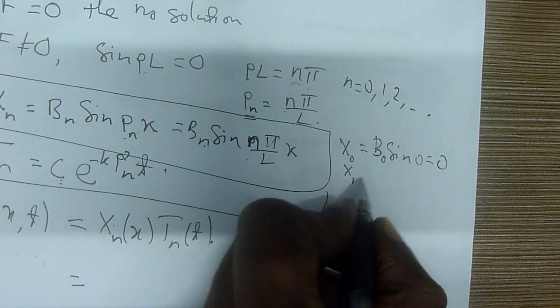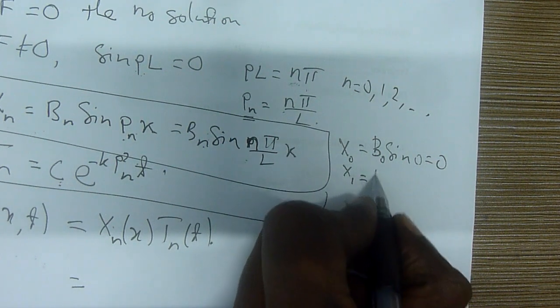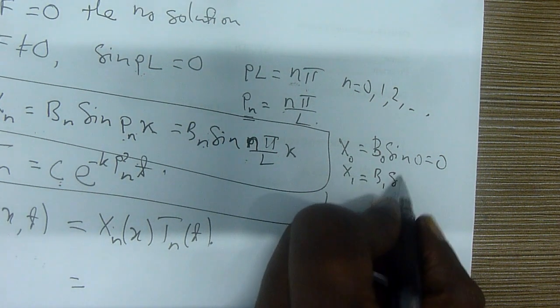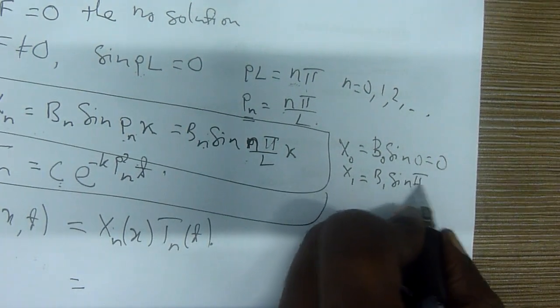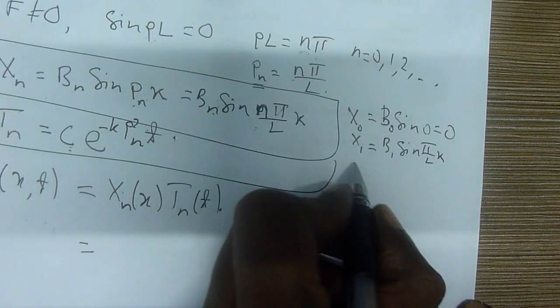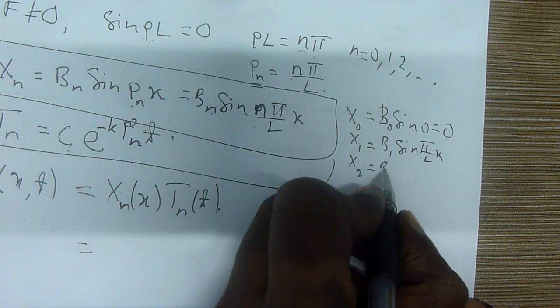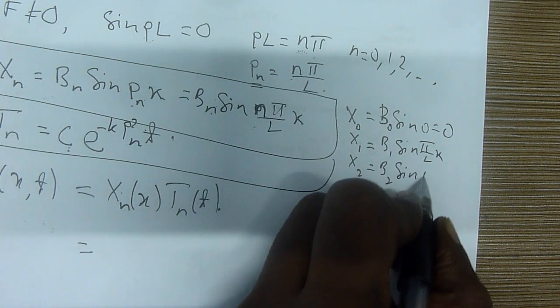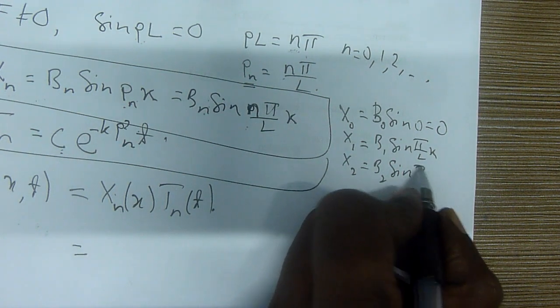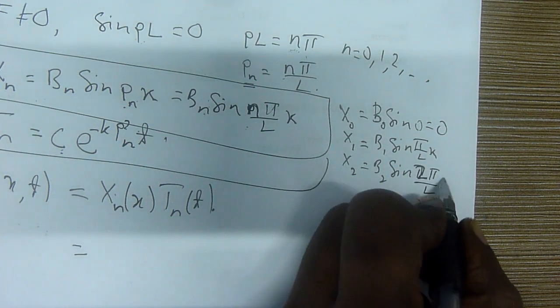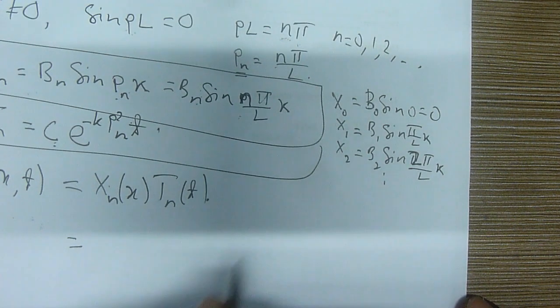If I choose 1, this becomes B1 sine 1 pi over L x. Now you see the challenge here. Then for 2, B2 sine 2 pi over L x. See?